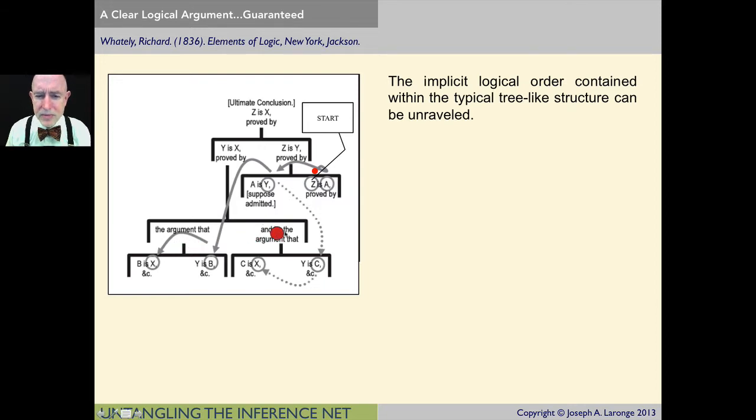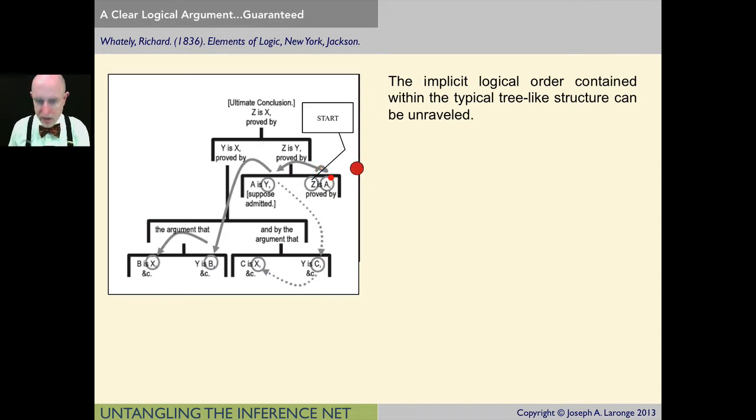If you dig into it, though, you can unravel this inferential net. You can, by tracking the movement from the Z to the X. And here we have a Z, and you can track it there we go.